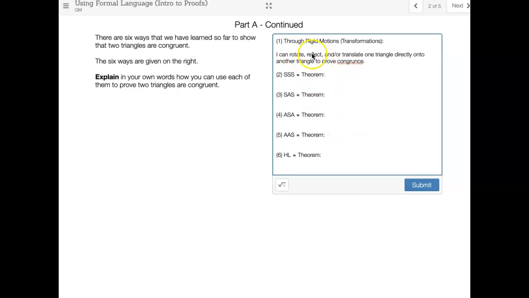Again, so if I'm trying to prove 2 triangles are congruent through rigid motions, I can rotate, reflect, and or translate one triangle directly onto another triangle to prove congruence, right?